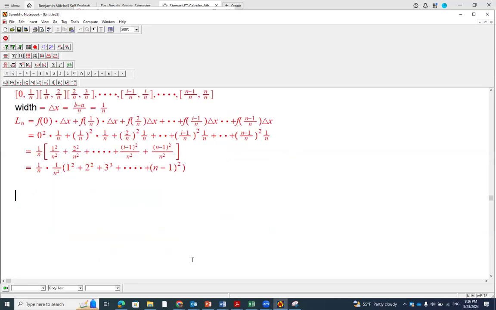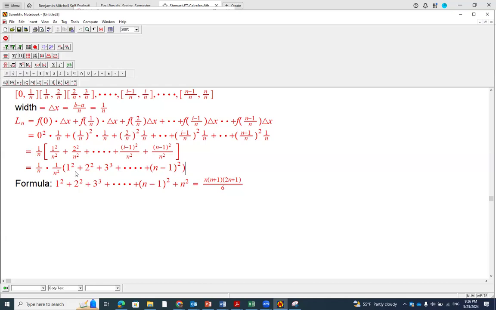This formula says 1 squared plus 2 squared plus all the way to n squared is equal to n times (n plus 1) multiplied by (2n plus 1), divided by 6.